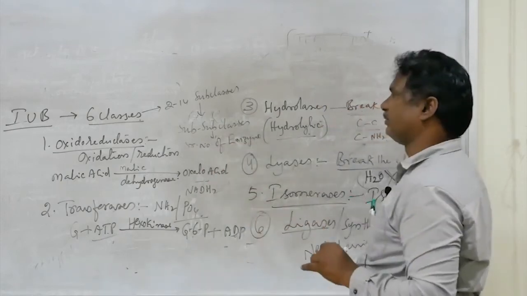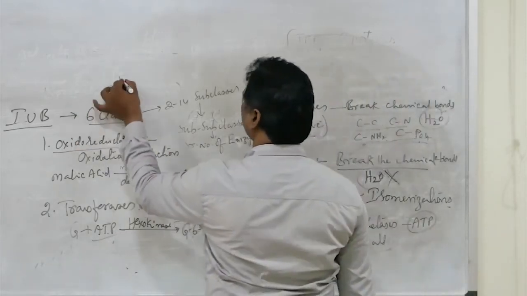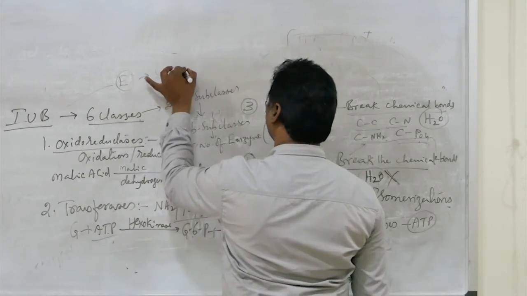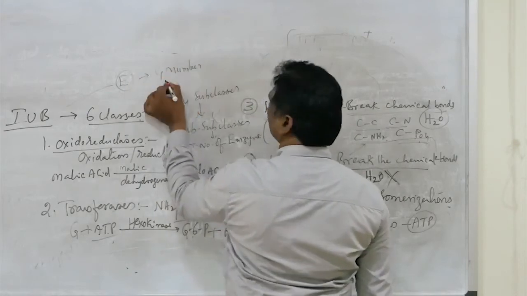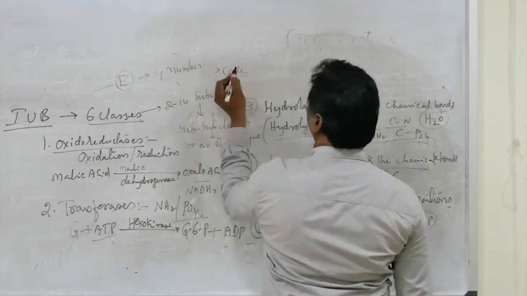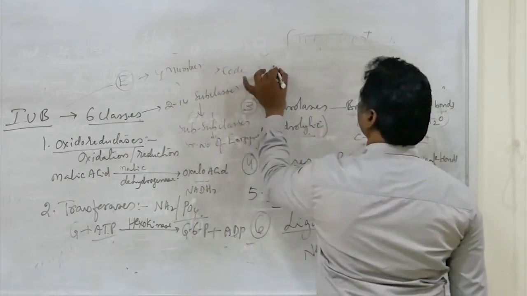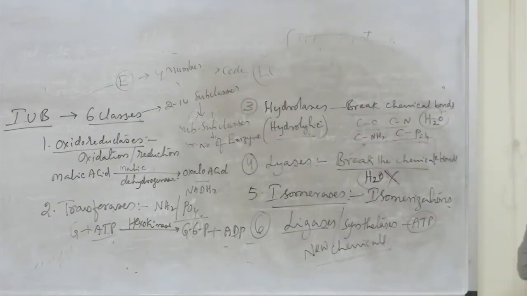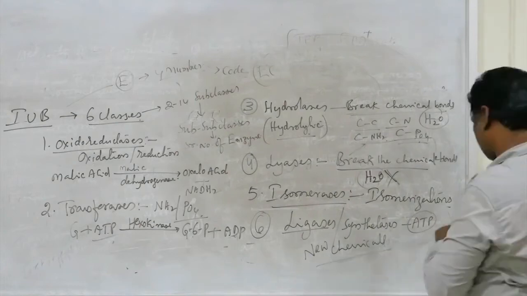According to this IUB classification, each enzyme has a code with 4 numbers. That code is simply called EC, the enzyme code.